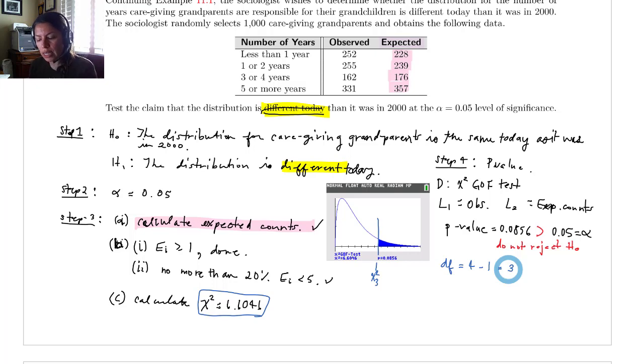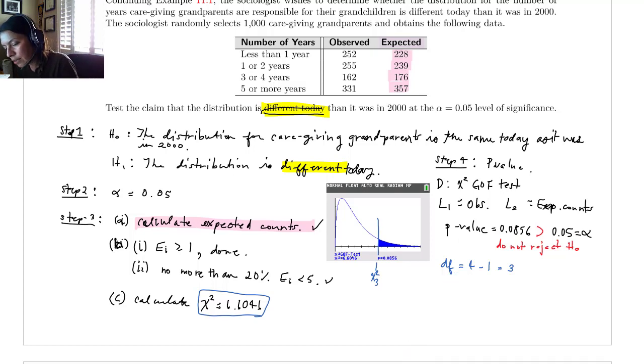First you would set up the hypothesis test, determine the alpha, and then make sure to calculate expected counts if you don't have them already, and then make sure the 2 criteria are met within step 3. And then we can calculate the chi-squared and the p-value and the graph all together in the calculator. So it's super, super simple and fast.